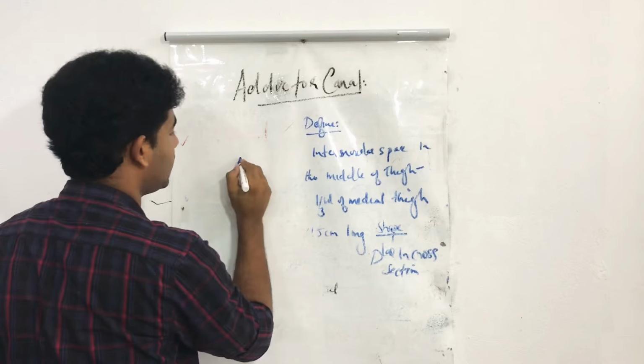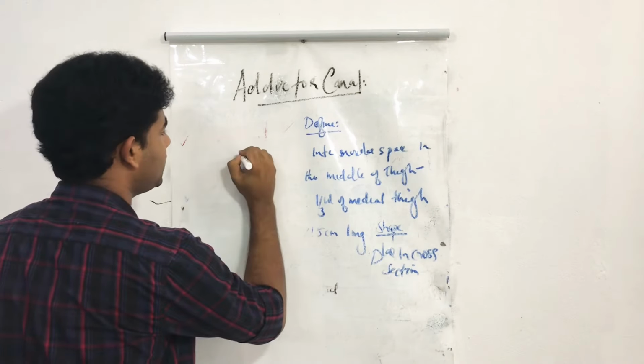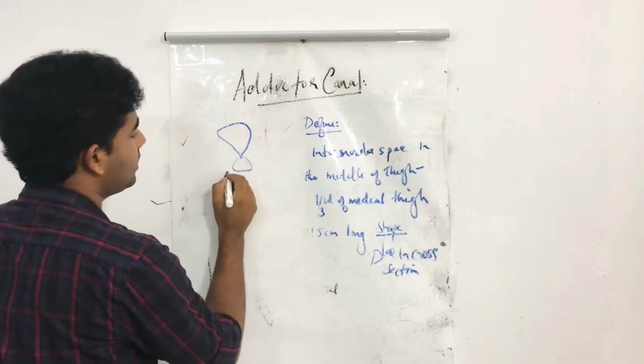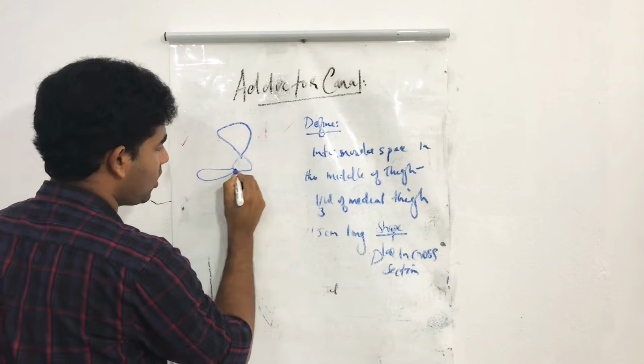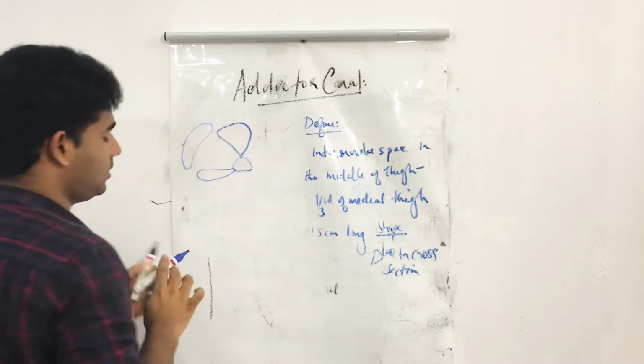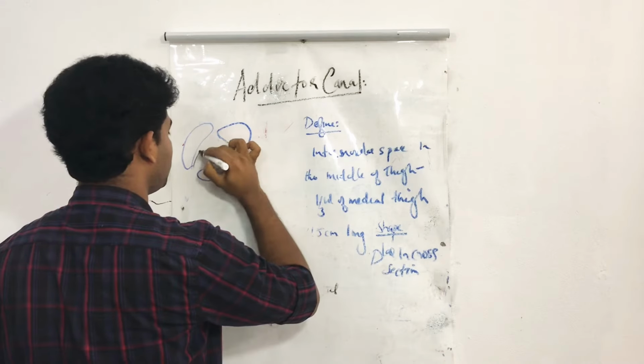Look here. We have our femur over here. Here you have our vastus lateralis muscle, vastus medialis muscle. Here you have our adductor longus muscle. Here you have your sartorius muscle. And here you have some plexus of nerves, which we'll study soon.